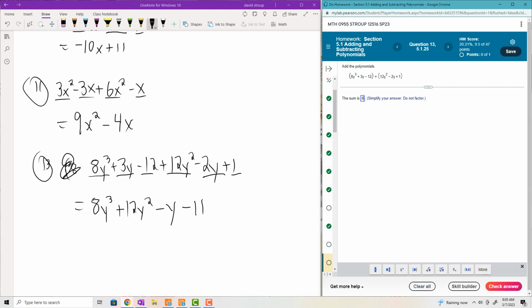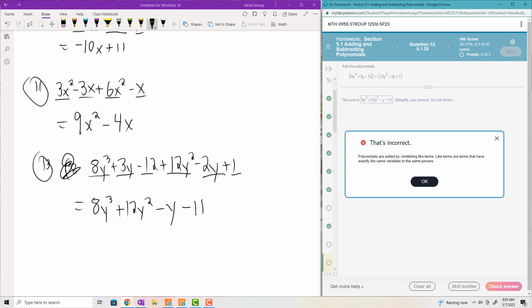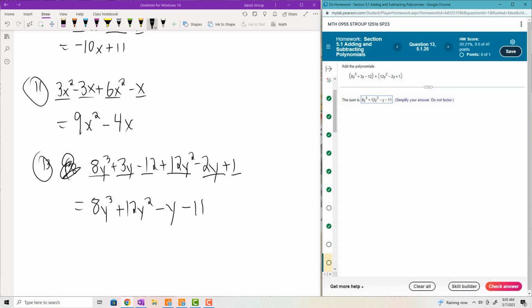Then you just zip over here, 8y cubed plus 12y squared minus y minus 11. No, it's plus y, sorry. 3y minus 2y is plus 1y.